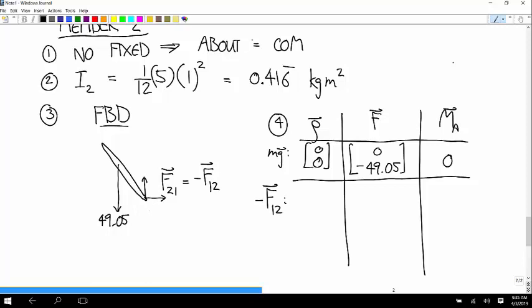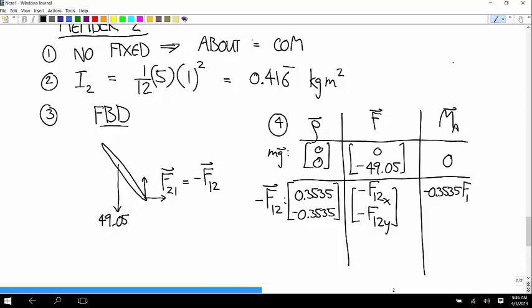The rho vector there is 0.3535, negative 0.3535. The force vector is negative F12x, negative F12y. And the cross product is negative 0.3535 F12y minus 0.3535 F12x.